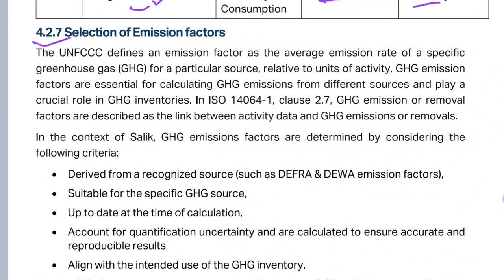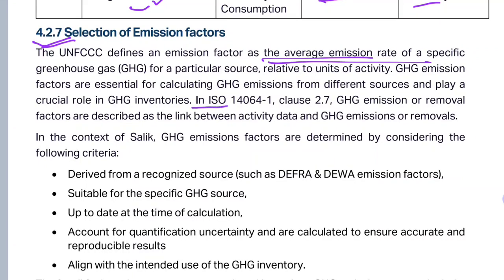Then how to select the emission factors? So UNFCCC clearly defines an emission factor as the average emission rate of a specific greenhouse gas for a particular source, basically, and it is related to the units of activity. These emission factors are essential for calculating GHG emissions from different sources.